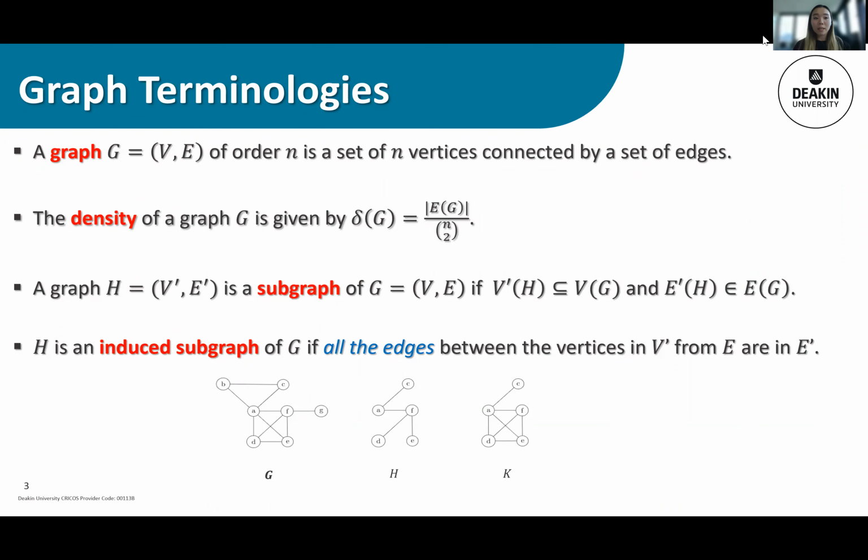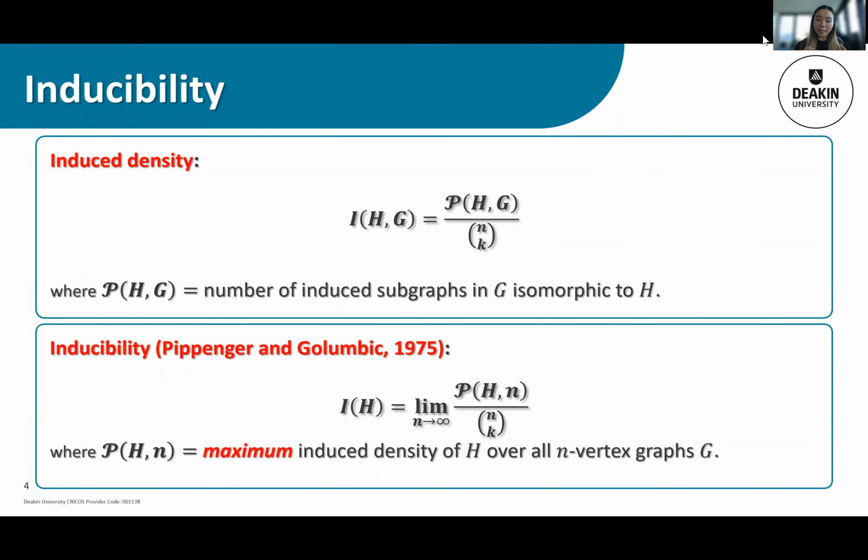Okay, now that we've got all the basic terminologies, I'm going to introduce the notion of inducibility. If we recall from the previous slide, the density of a graph refers to the number of edges in G over the maximum possible number of edges in the graph.